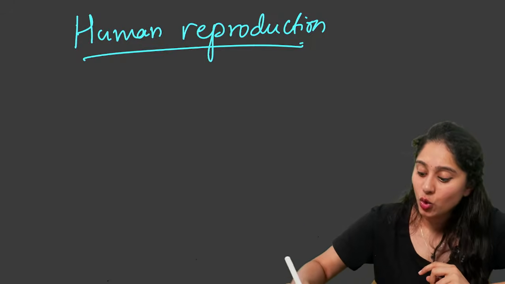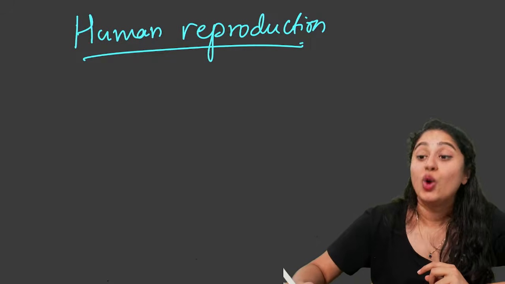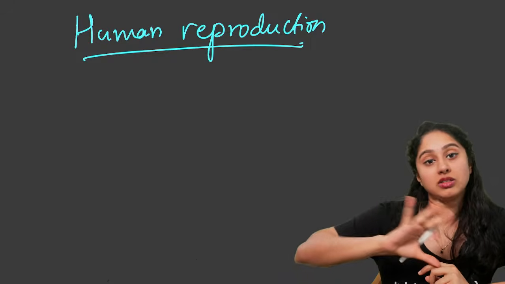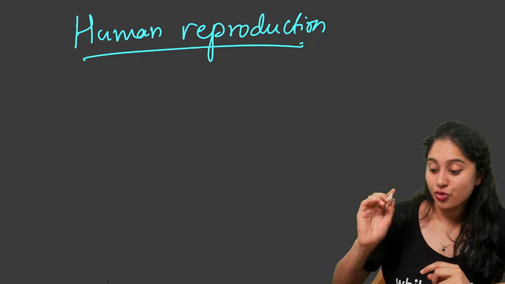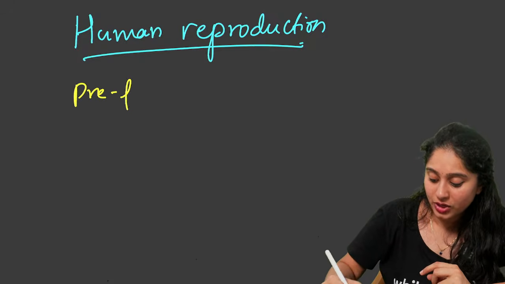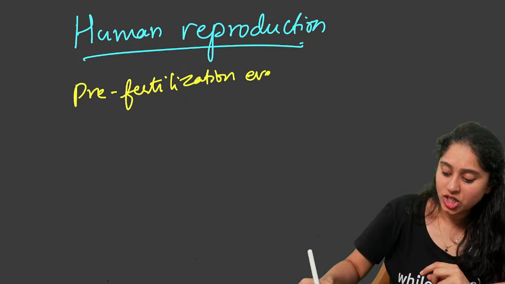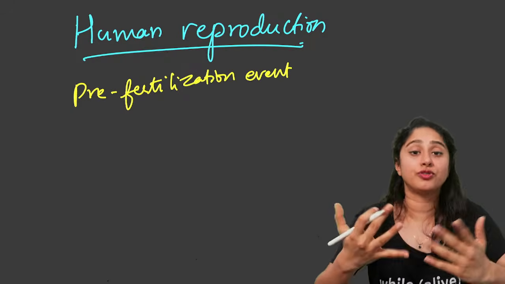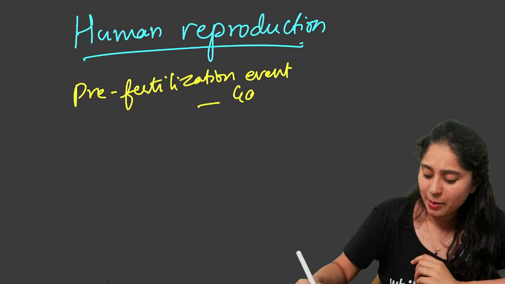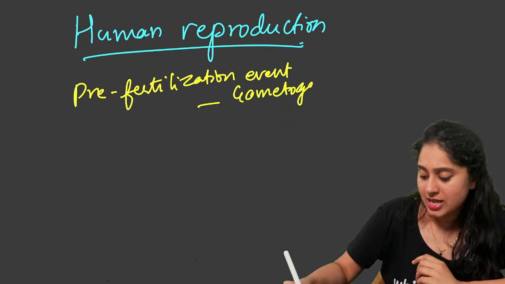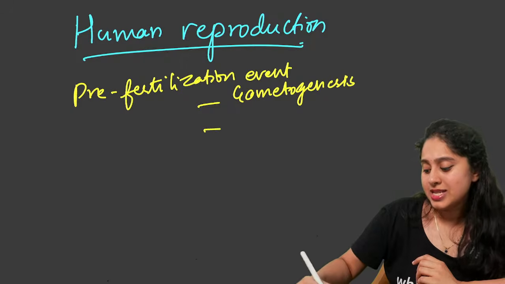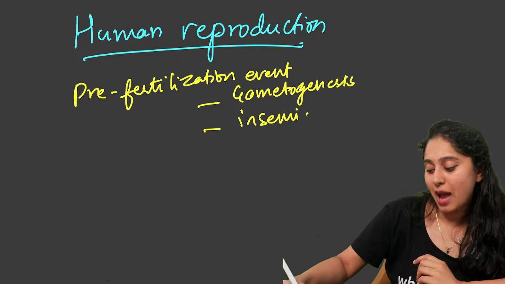Perfect. So in human reproduction, we have clear-cut processes. First we have the pre-fertilization events, which is nothing but anything that happens before the fertilization, including your gametogenesis as well as the insemination for the gametes to meet.